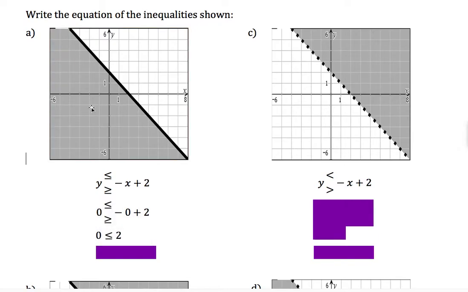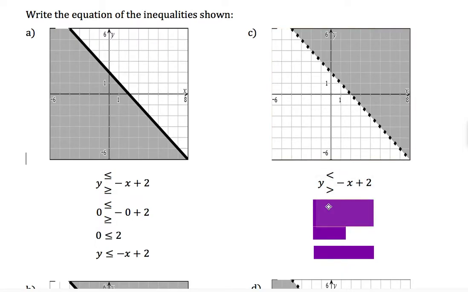So for this graph, we're using the less than symbol because the shaded section is where the (0, 0) is, and because 0 is less than 2, we're using this graph here. So in our equation, we put our x and y back in there, and we're just going to say y is less than or equal to -x plus 2.